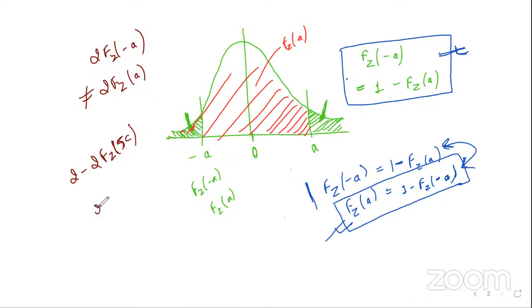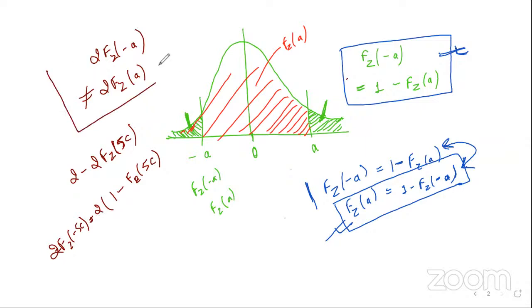So you are saying it is 2 times 1 minus Fc of 5c. Yeah, so this is 2 times Fc of minus 5c. Right, yes, this is fine.